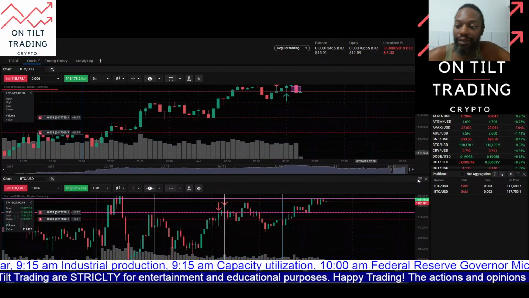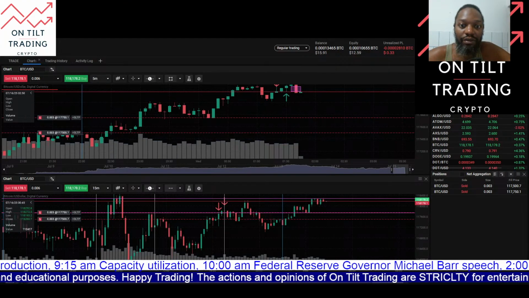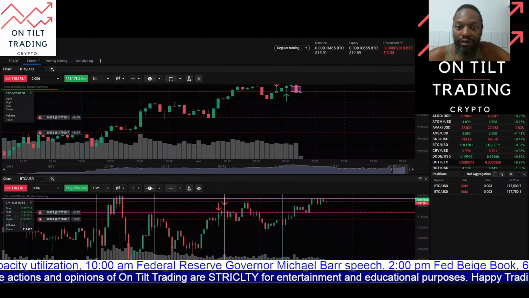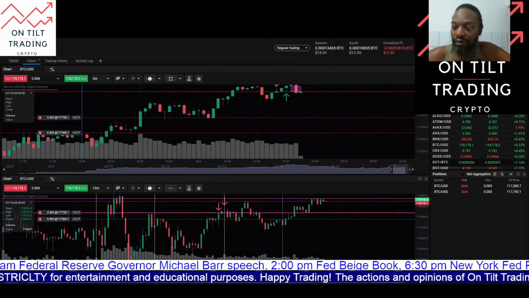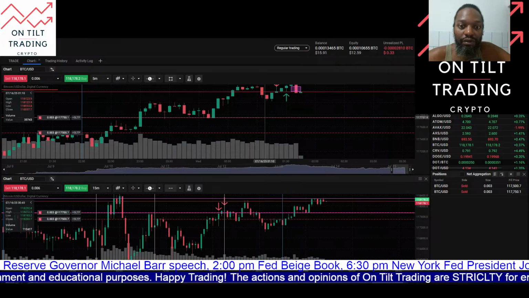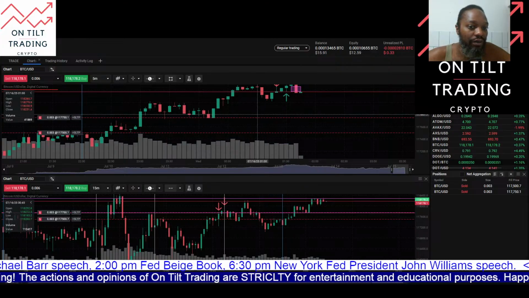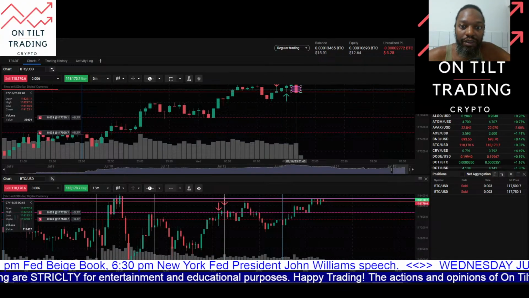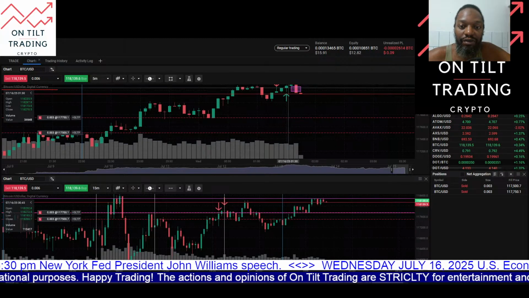So here there's been a market structure shift here. Then we get this close here. So here we get this market structure shift here.